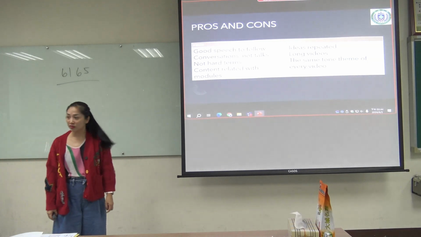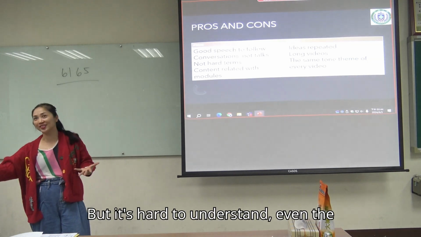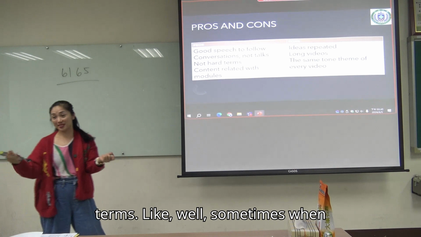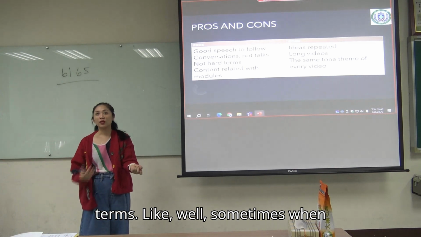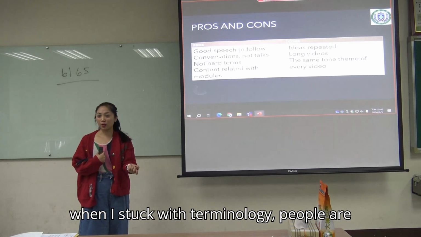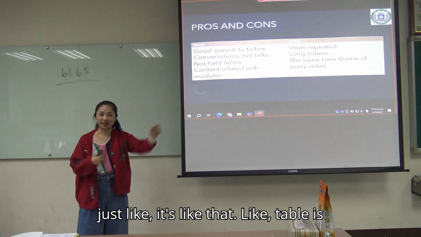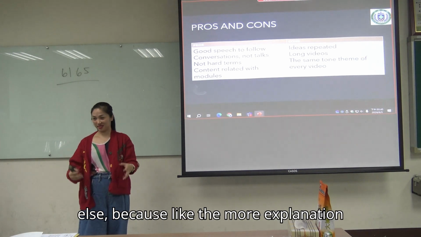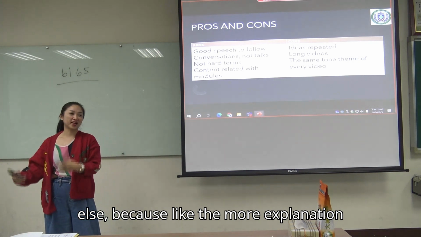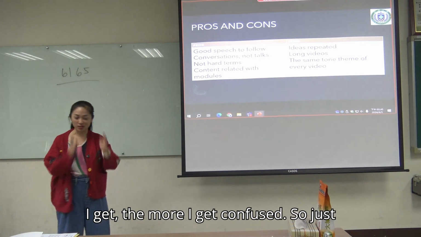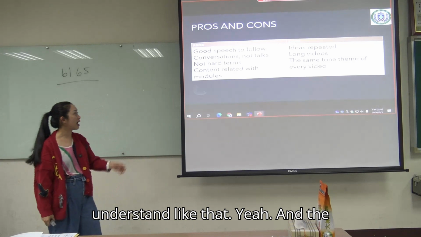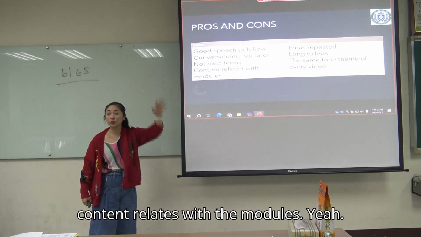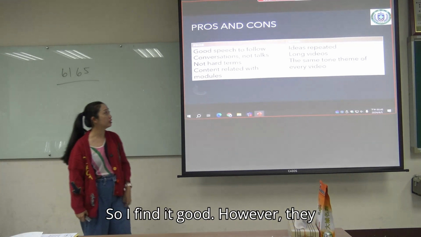AI is not hard, okay? But it's hard to understand, even the terms. Sometimes when I stop on terminology, it's like a table is a table. Don't think of anything else, because the more explanation I get, the more confused I get. So just understand it like that. The contents relate to the modules, so I find it good.